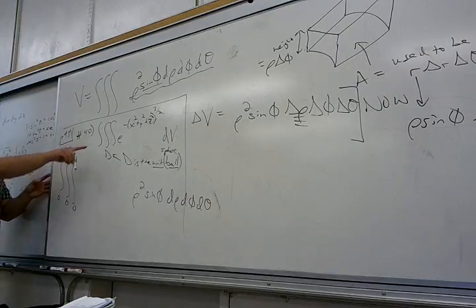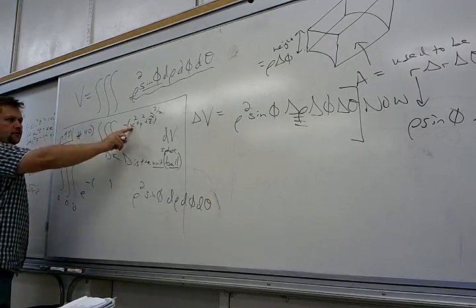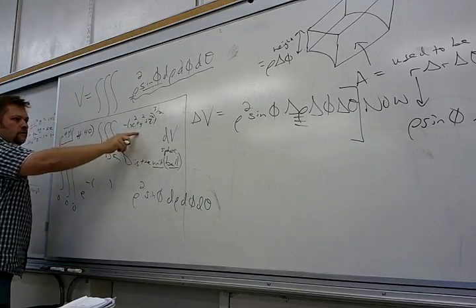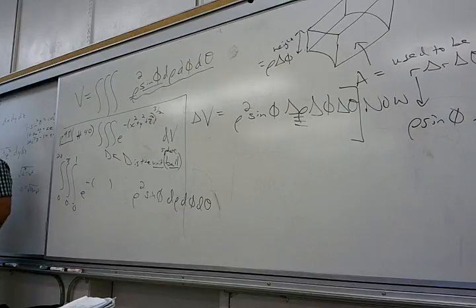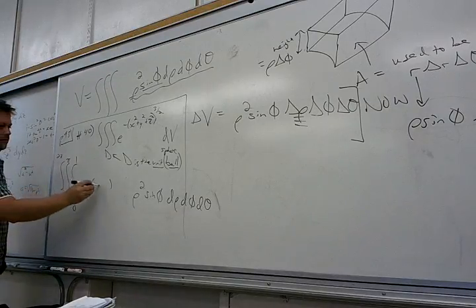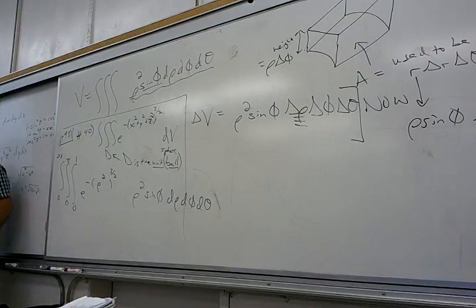And now you throw in there the function that you actually want, but we change it over to spherical. What is that now in spherical coordinates? Rho squared to the 3/2 power, which is rho to the 3rd, right?